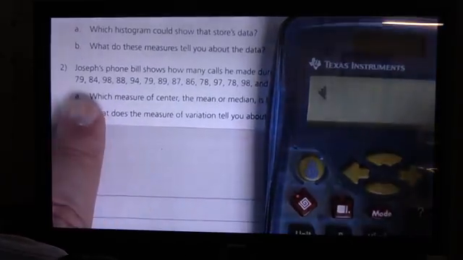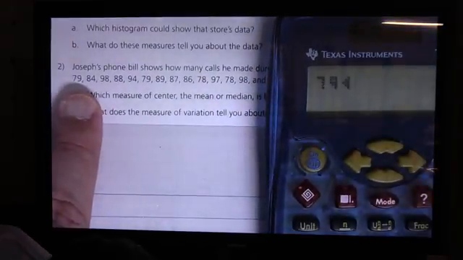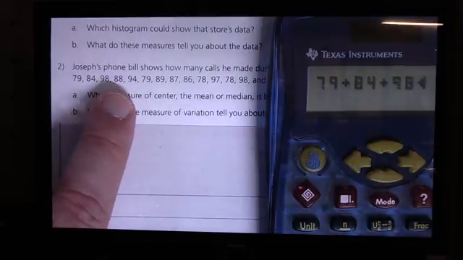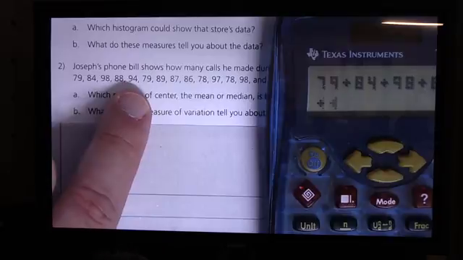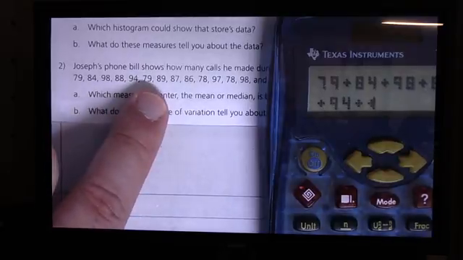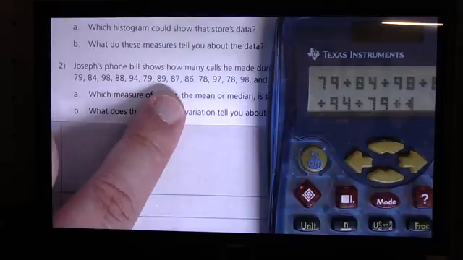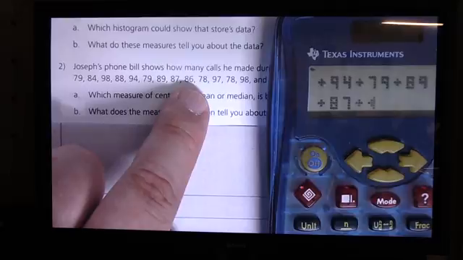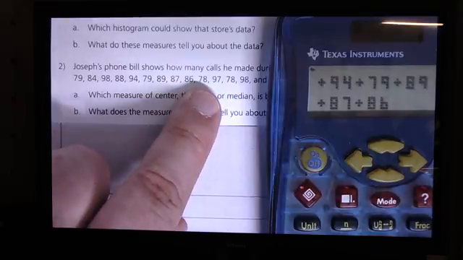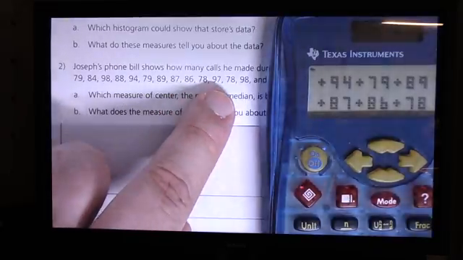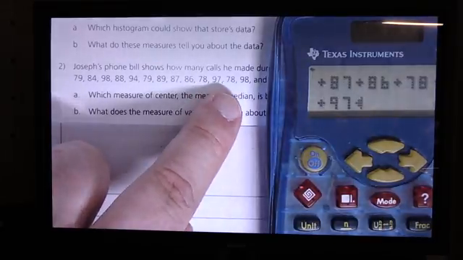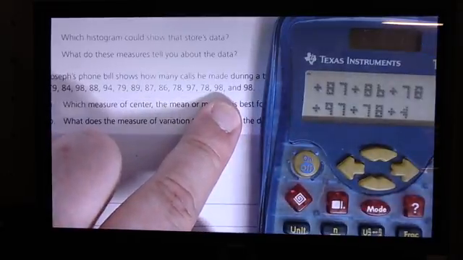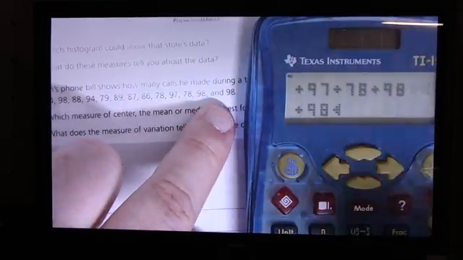So, I'm going to go ahead and plug in 79, 84, 98, 88, 94, 79, 89, 87, 86, now 78, 97, 78, 98, and one more 98.